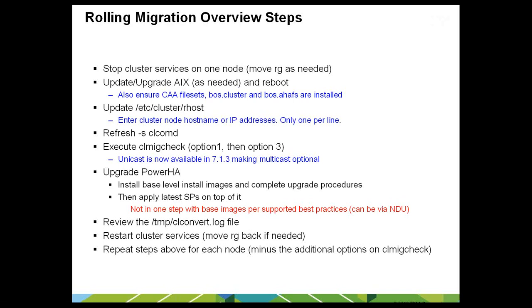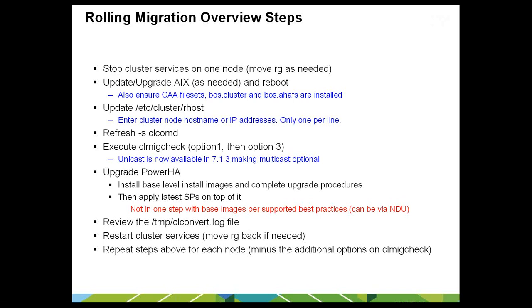One thing with the latest version 7 of PowerHA is that each new release also requires the latest AIX level, so it's extremely common now to be forced to update or upgrade AIX as well.